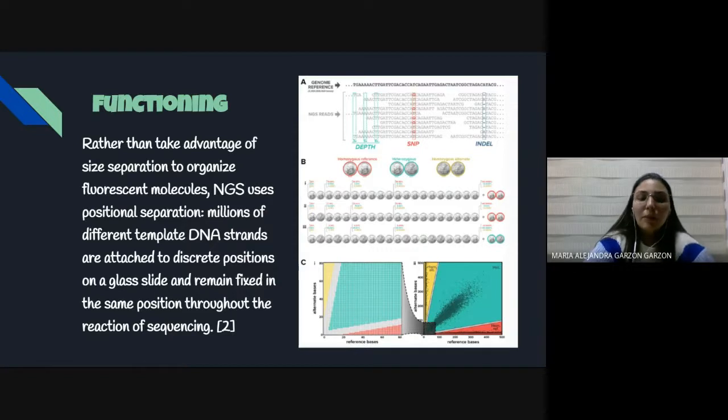Millions of different template DNA strands are attached to discrete positions on a glass slide and remain fixed in the same position throughout the duration of sequencing. Each template is then extended by a single modified base, and a microscope captures an image that resolves both the position of each template on the glass, as well as its fluorescent color and intensity. The modified bases are converted to regular bases so that they become extendable and non-fluorescent.